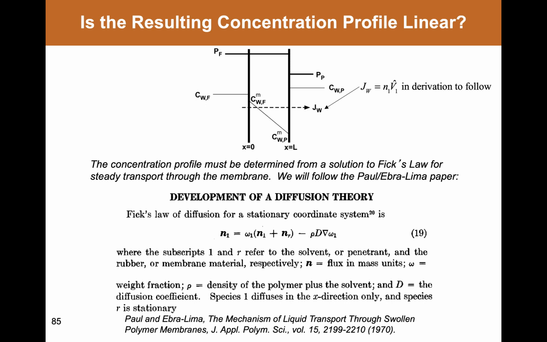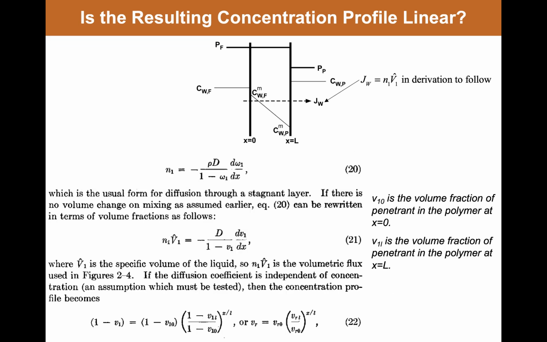Now, at steady state, when the membrane is operating, the flux of polymer, or the flux of rubber, N sub r, will be equal to 0. And so in the next slide, that assumption has been made, and the flux expression has been rearranged to account for the fact that the polymer sample is stationary, so it has no flux.